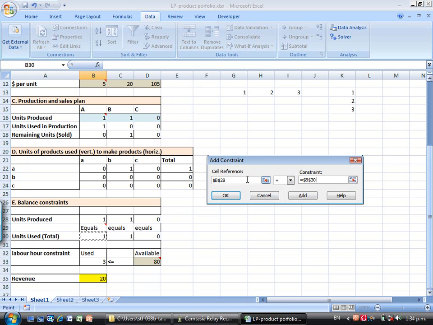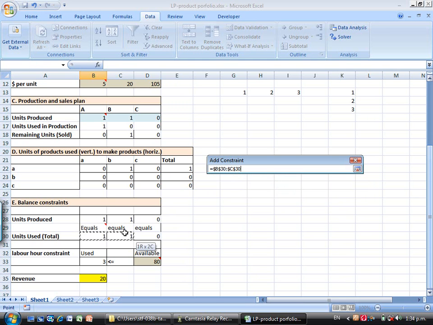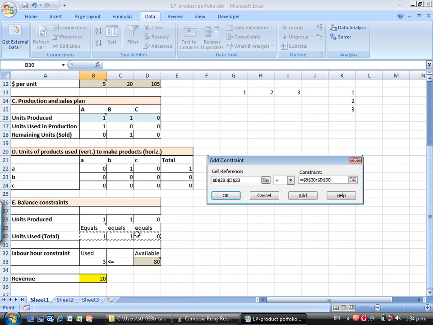Oops, no, what I've done, sorry. Now, you might be able to get away with a greater than or equal to, so we don't use everything we produce. So the production must exceed the amount of units we use.